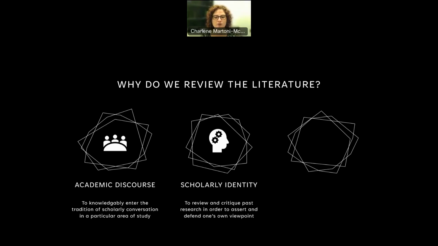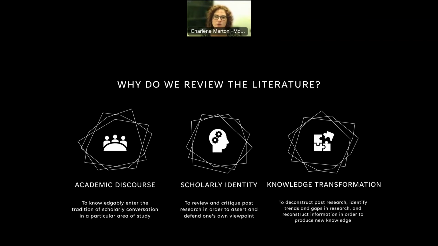We also use it to develop our scholarly identity, which means that we are going to be critiquing past research and developing and asserting our own viewpoint as researchers. And finally, we also want to transform knowledge. We want to deconstruct past research so that we can find trends and then reconstruct new research and new knowledge.